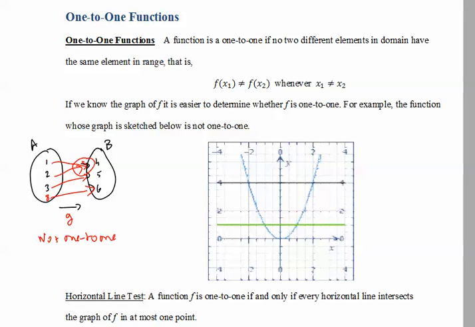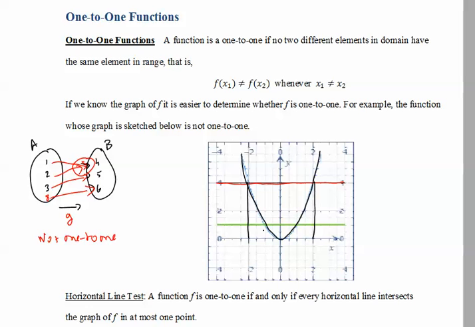And how do we know? We know by using the horizontal line test. We draw a horizontal line and we see if it crosses this graph at two values. Let me make the graph clear here. The graph is a parabola. As you see, my line in red is crossing this parabola at two points.